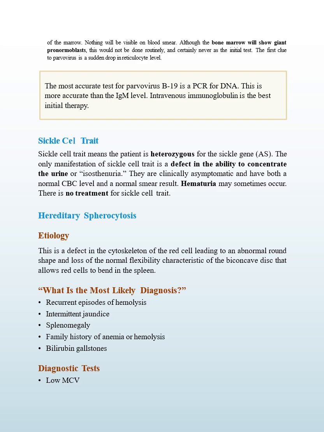If the question asks what is the most likely diagnosis, look for: 1, recurrent episodes of hemolysis; 2, intermittent jaundice; 3, splenomegaly; 4, family history of anemia or hemolysis; and 5, bilirubin gallstones.